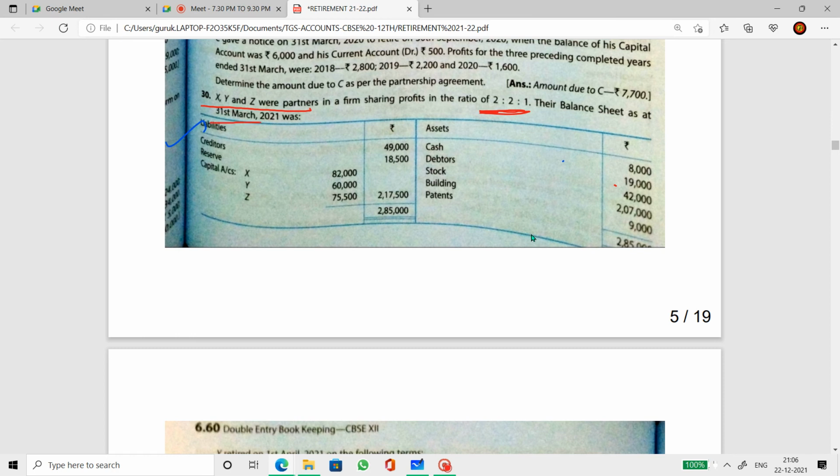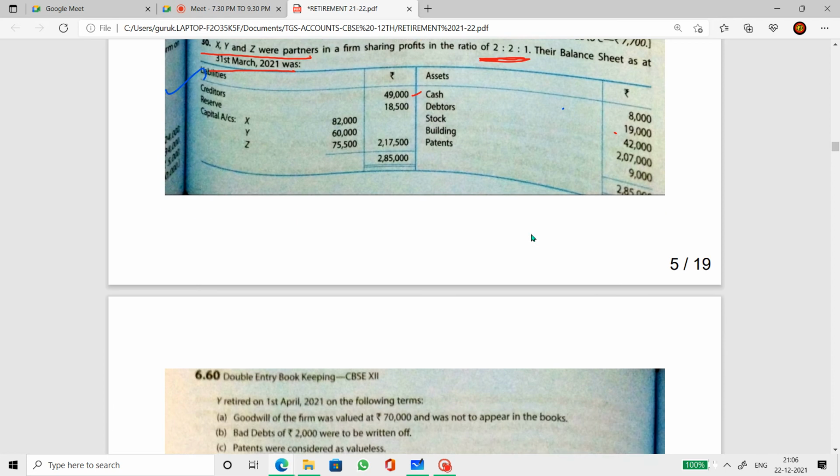The balance sheet as on 31st March is given. Creditors 49,000, reserve 18,500, capital balances of all three partners given, cash, debtors, stock, building and patent. So these are the items.